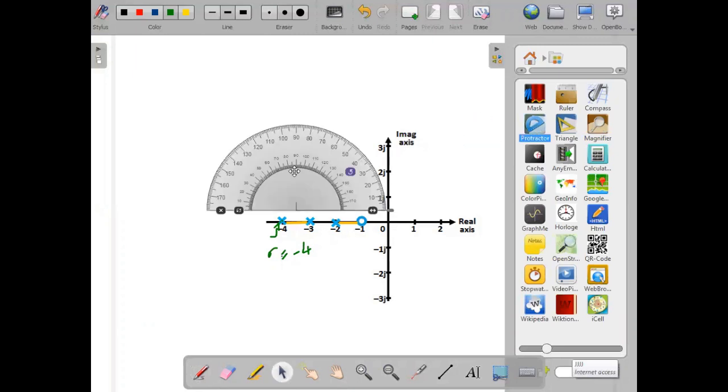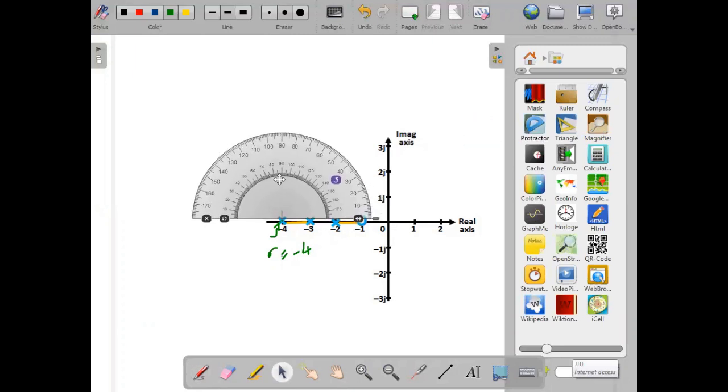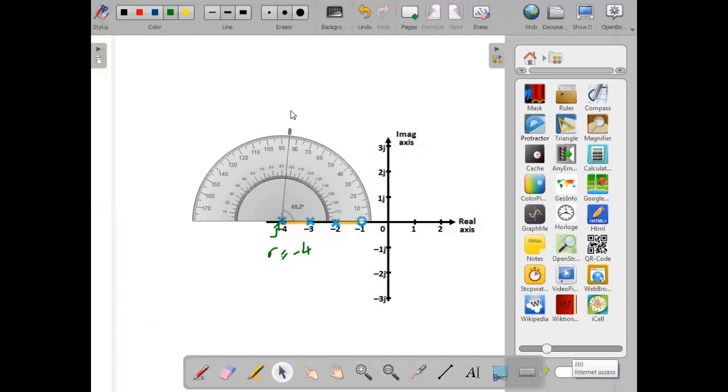Let me make use of the protractor. Have the centroid as the center of the protractor and mark an angle of 90 degree for the first asymptote theta 1 exactly at 90 degree. I have marked the first asymptote.